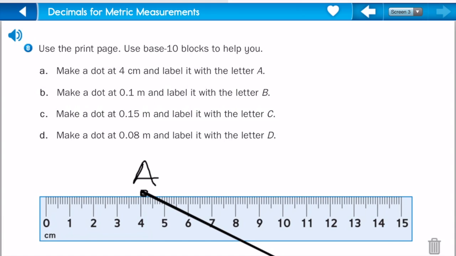Now they want us to make a dot at 0.1 meters and label it with the letter B. So we see that they want us to do it in meters, but we have centimeters, so we need to convert 0.1 meter to centimeters.